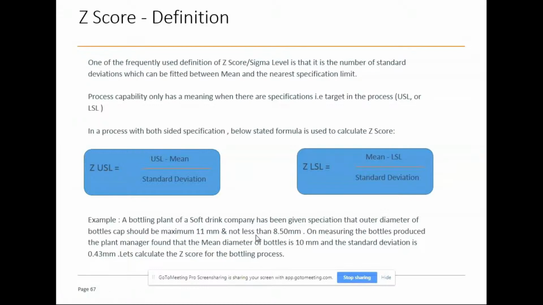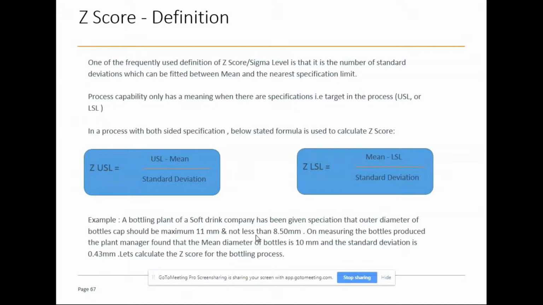We have a bottling plant of a soft drink company, with a specification that the outer diameter of the bottling cap should be maximum 11 mm and not less than 8.5 mm. So the upper specification is 11 and the lower is 8.5.